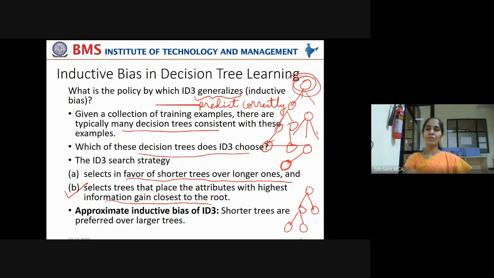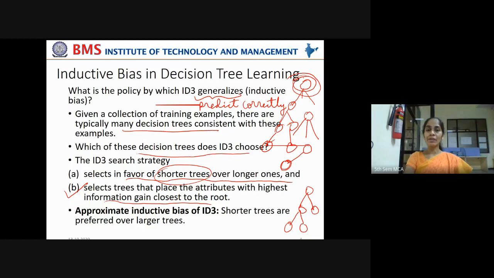right? But what is the preference of the ID3 algorithm? It tries to select only shorter trees. So how do you have an inclination towards shorter trees? By selecting information gain as the statistical, mathematical measure in order to construct the decision tree.